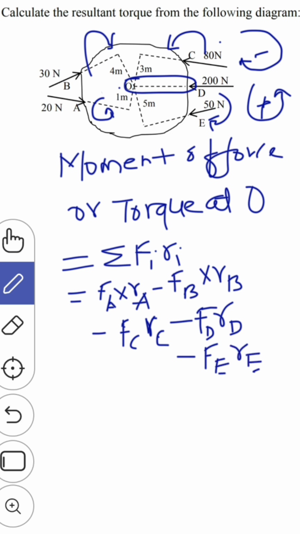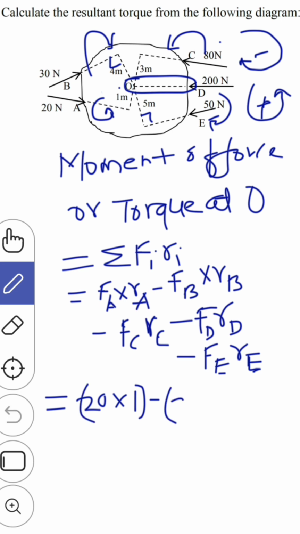Now we have been given all forces in the SI unit, that is Newton, and we have also been given the perpendicular distances. You can see this is also a perpendicular distance, and this is also a perpendicular distance. So I just have to put the values here. What is FA? FA is 20 Newton multiplied by the distance, 1 meter, minus FB. How much is FB?